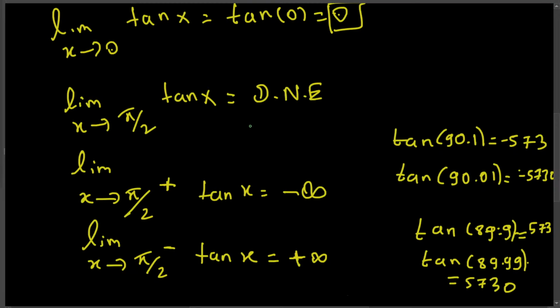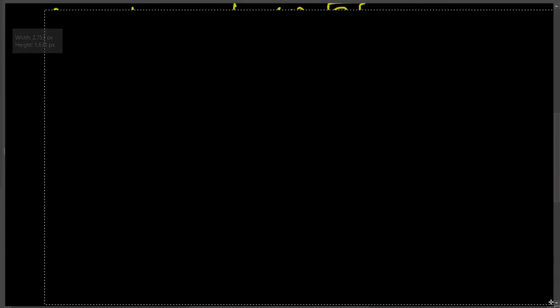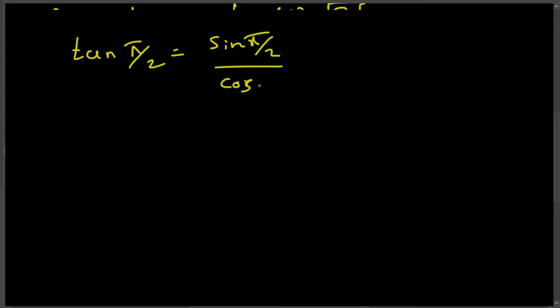Okay, let's look at another problem. I'm going to erase this one, but before that, I can also explain why tangent π/2 is undefined. The easier way to see it is to write tangent π/2 as sine π/2 over cos π/2.